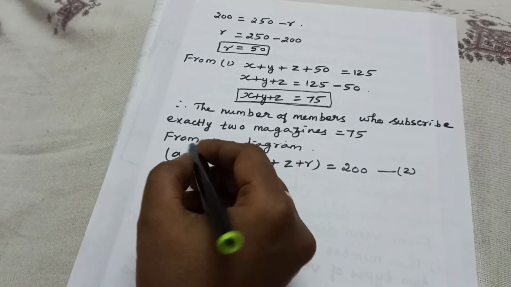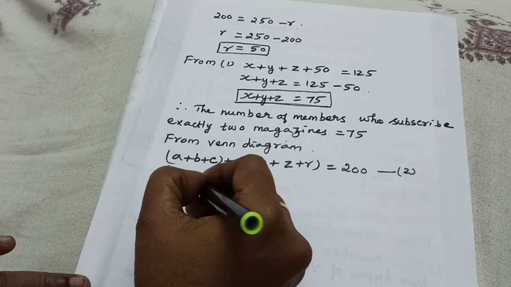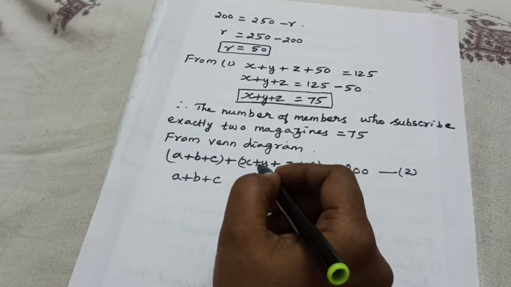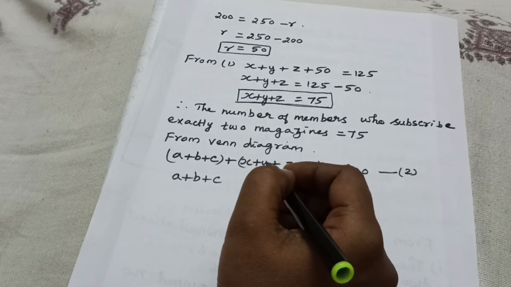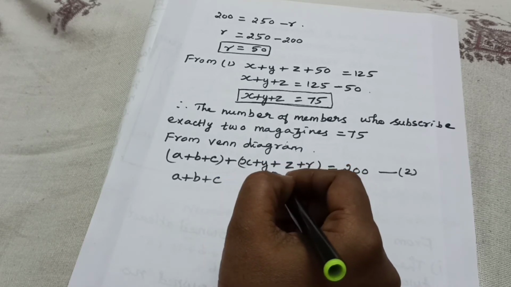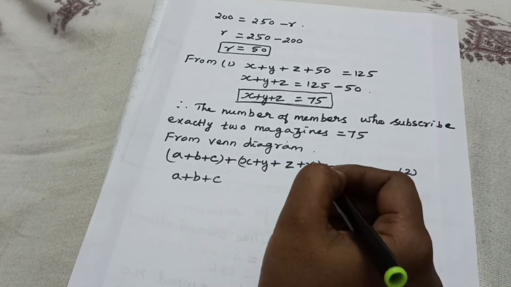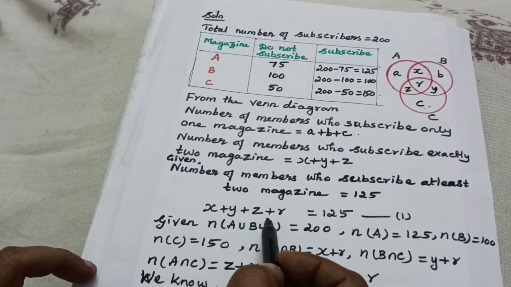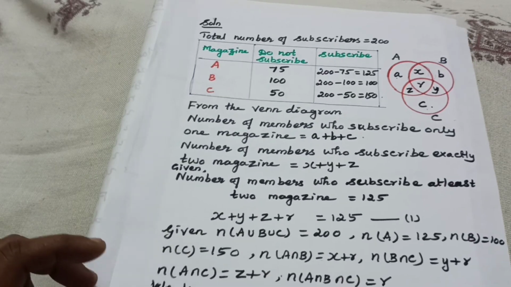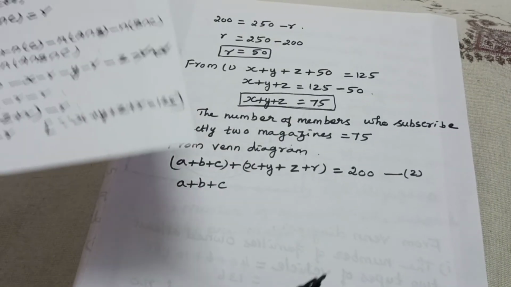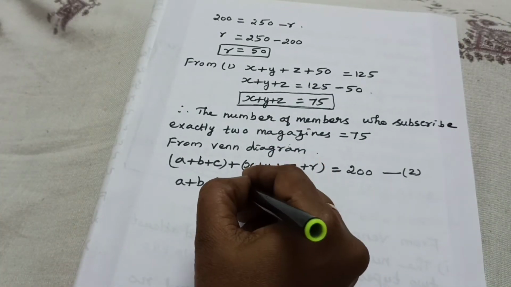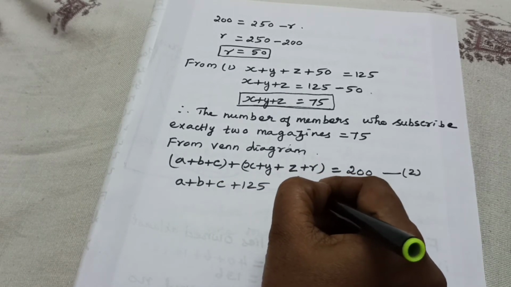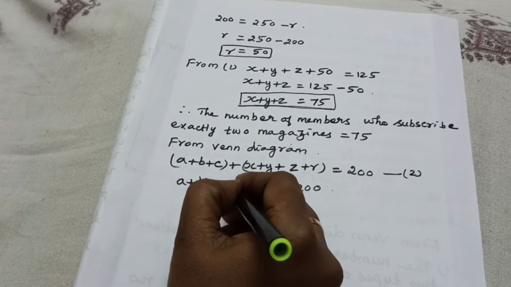Then here A plus B plus C only we need, isn't it? Already we have the X plus Y plus Z plus R value, isn't it? Already we have X plus Y plus Z plus R is equal to 125. That value we have to substitute here. 125 is equal to what? 200. Have you understood?